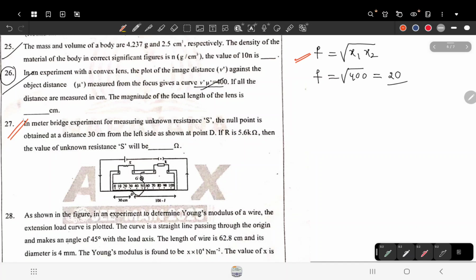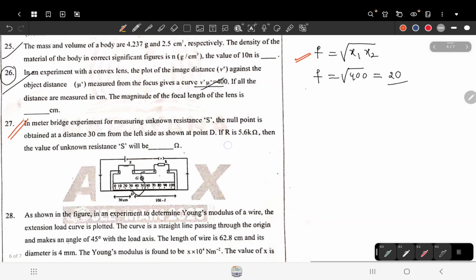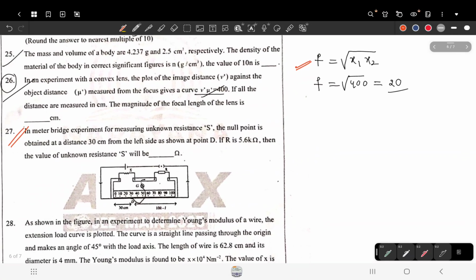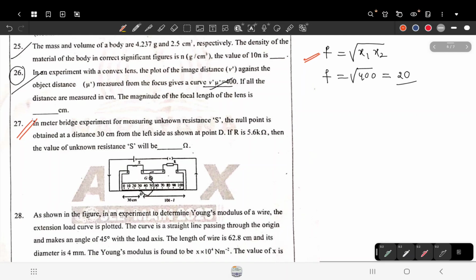I think you already did that. 27 and 28. So 28 is: as shown in the figure, in an experiment to determine the Young's modulus of a wire, the extension load curve is plotted. The curve is a straight line passing through the origin and makes an angle of 45 degrees with the x-axis.